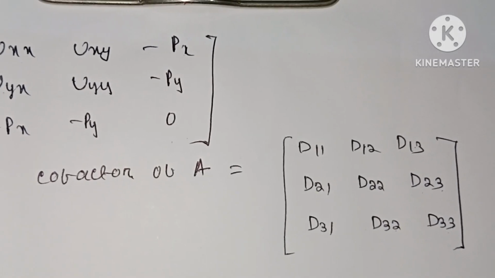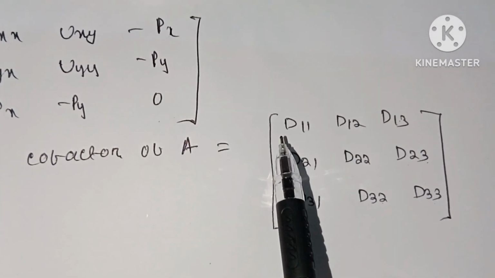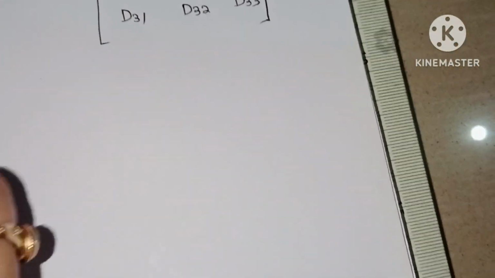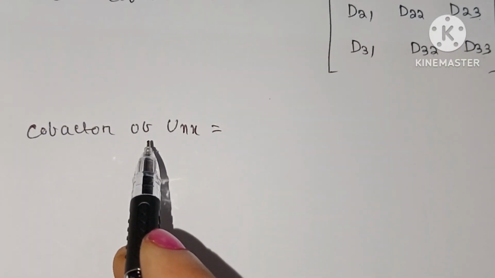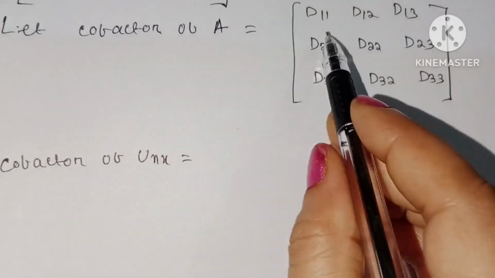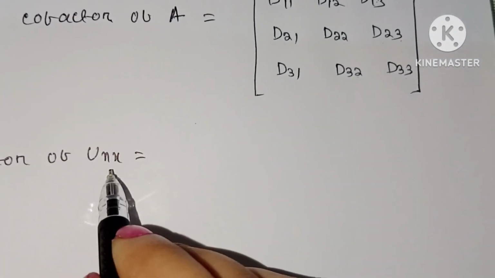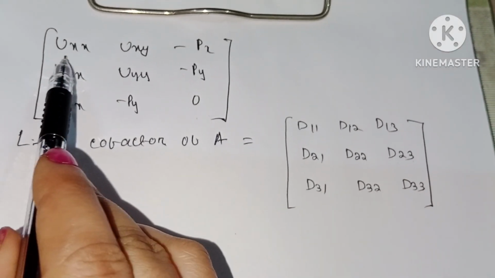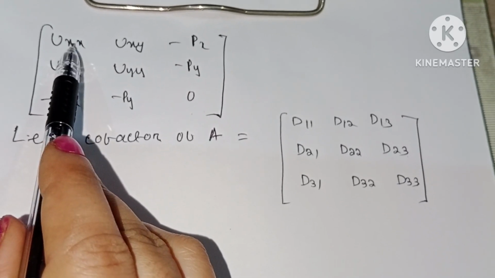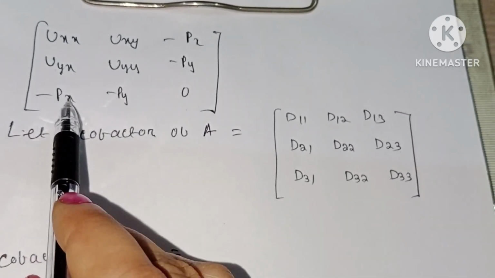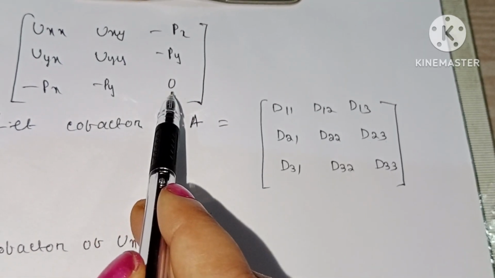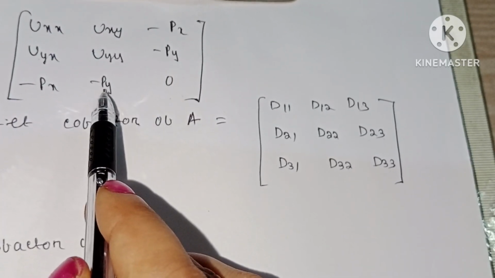Now let's see how to calculate the cofactor D11. We will calculate the cofactor of uxx, represented by D11. It equals minus 1 to the power 1 plus 1, and this row and this column are deleted, leaving uyy multiplied by 0 minus py into minus py.